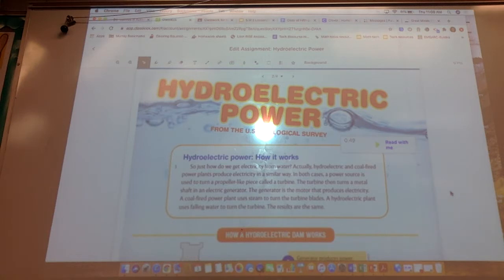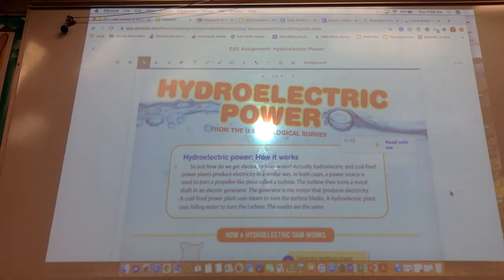From the U.S. Geological Survey, ready? Hydroelectric power, how it works. So just how do we get electricity from water? Actually, hydroelectric and coal-fired power plants produce electricity in a similar way. In both cases, a power source is used to turn a propeller-like piece called a turbine.